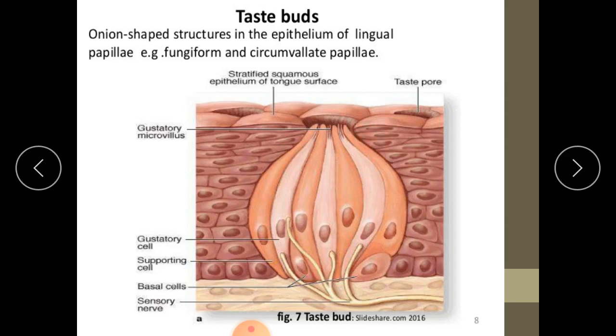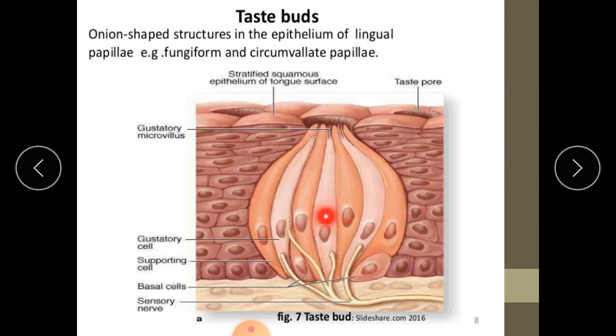These are embedded in the stratified squamous epithelium of the lingual papillae, and each taste bud is formed of a number of tall columnar epithelial cells, which are of 2 types: supporting cells and neuroepithelial taste cells.